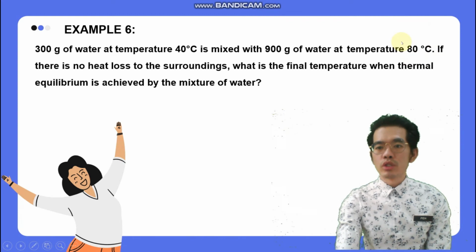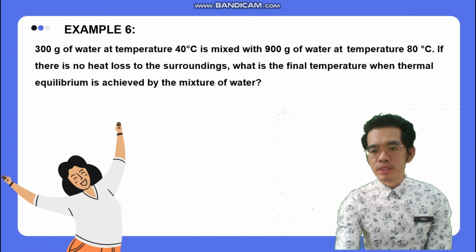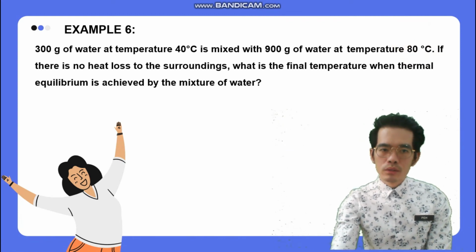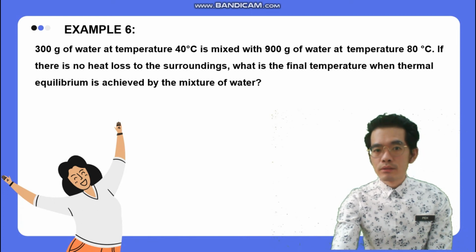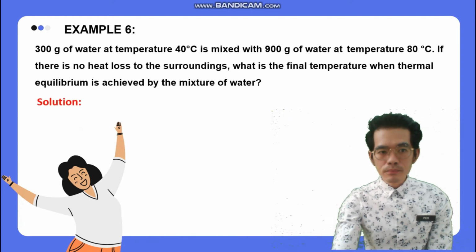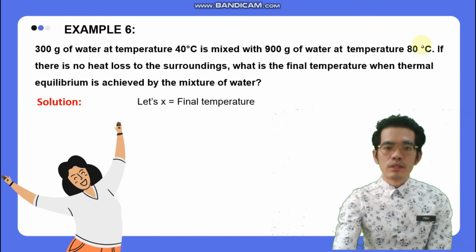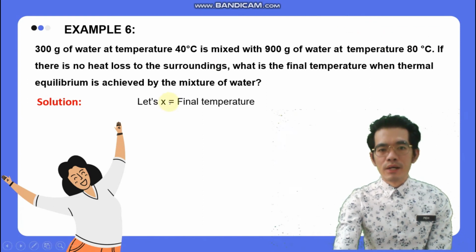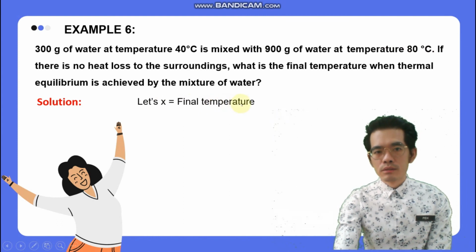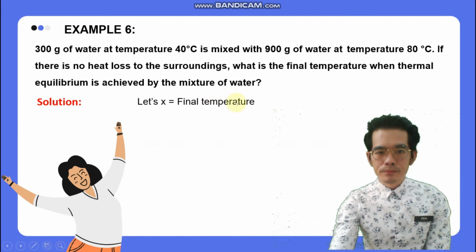The temperature change must always be positive. Okay, so let's look at the solution. The unknown X represents the final temperature for the mixing of water.